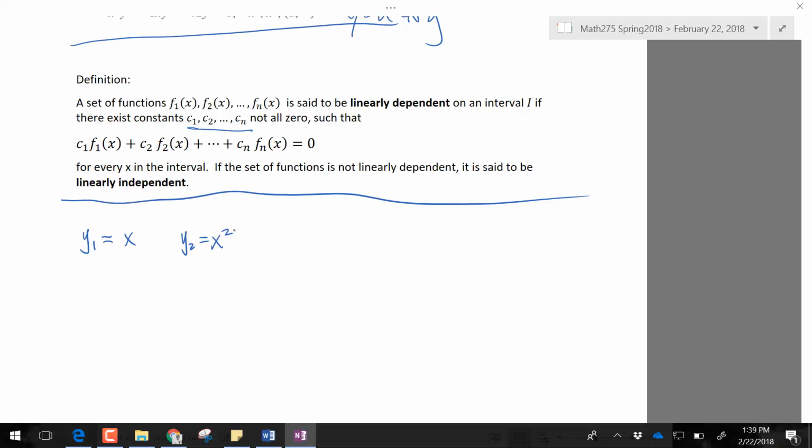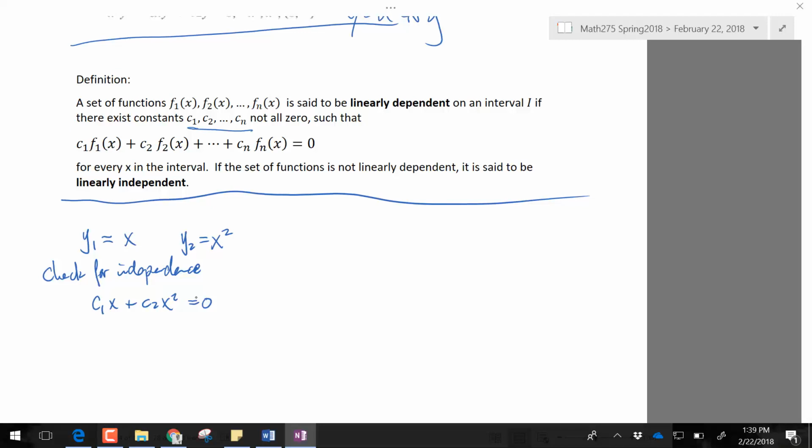You would check for independence by setting up your equation c1 x plus c2 x squared equal to 0 and ask yourself, can I get c1 or c2 to equal something that would make this equal to 0?